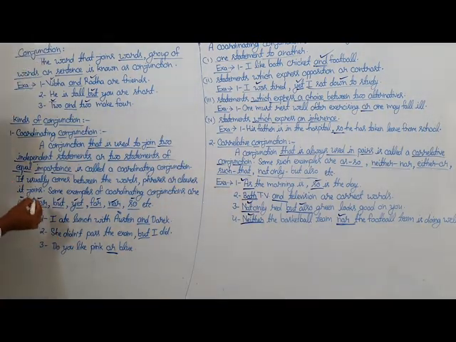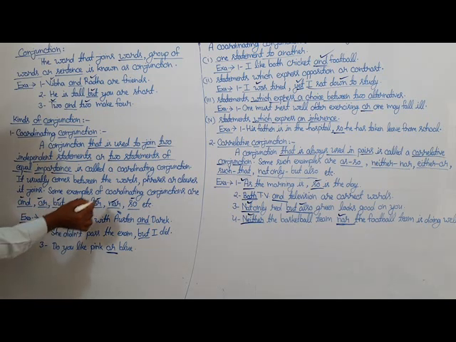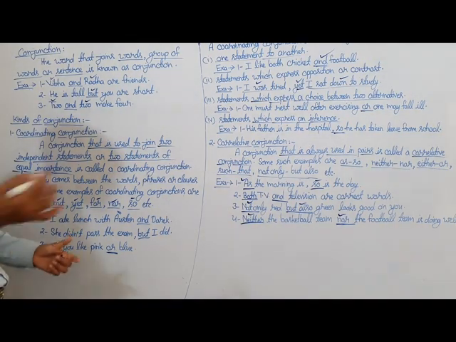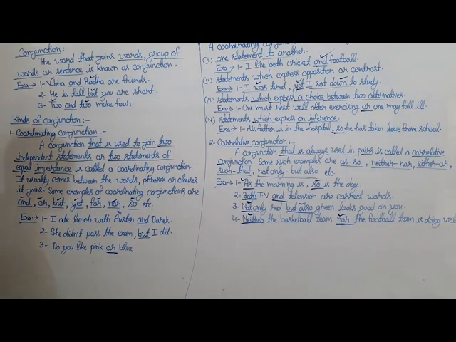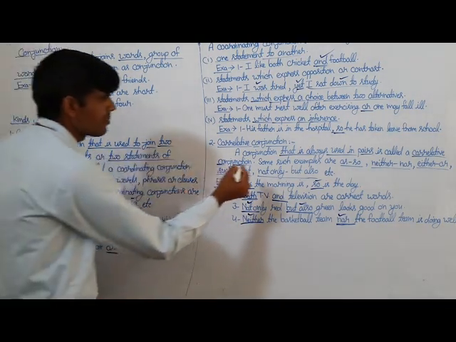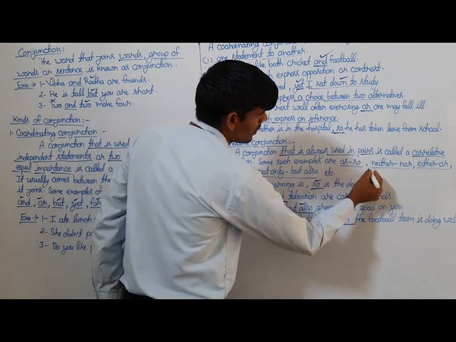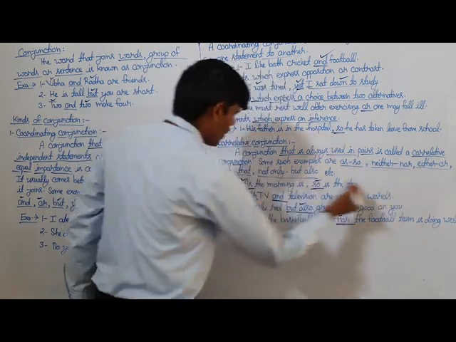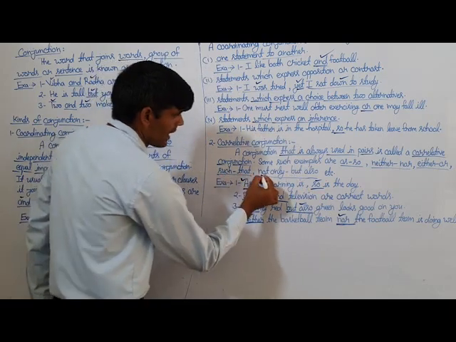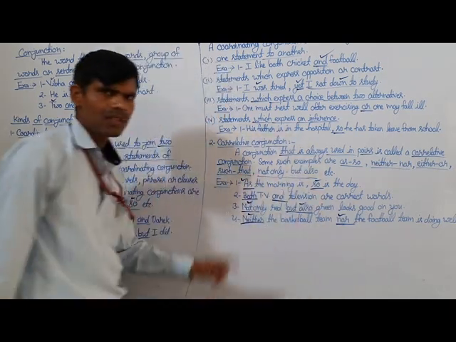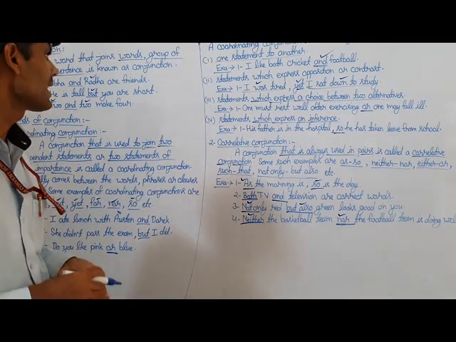The examples of coordinating conjunctions are and, or, but, yet, for, nor. And these are some examples of correlative conjunctions such as as so, neither nor, either or, such that, not only but also.